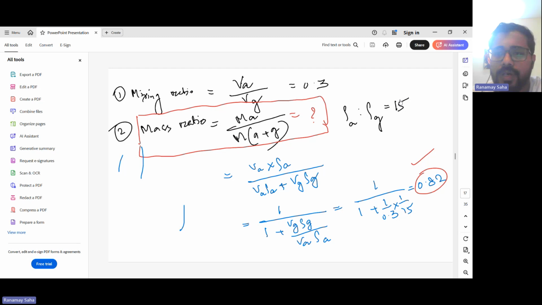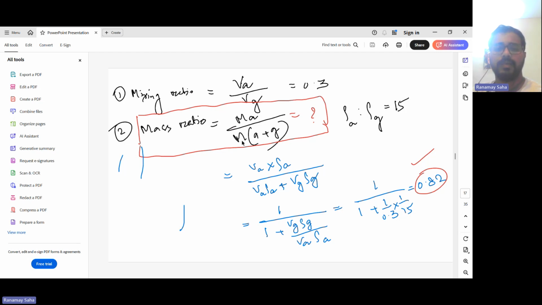Suppose we have a question in which you have been given the mixing ratio as 0.3. You have to find the mass ratio, given that the ratio of density of abrasives to density of gas is 15. A very easy concept. You just have to reshuffle the equation, replacing the mass of abrasives with the product of volume and density.